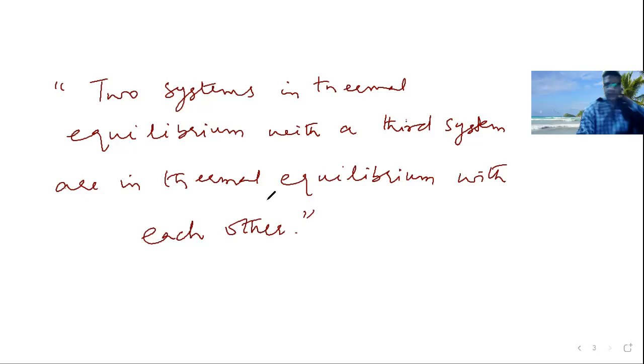This is the statement of Zeroth Law of Thermodynamics.